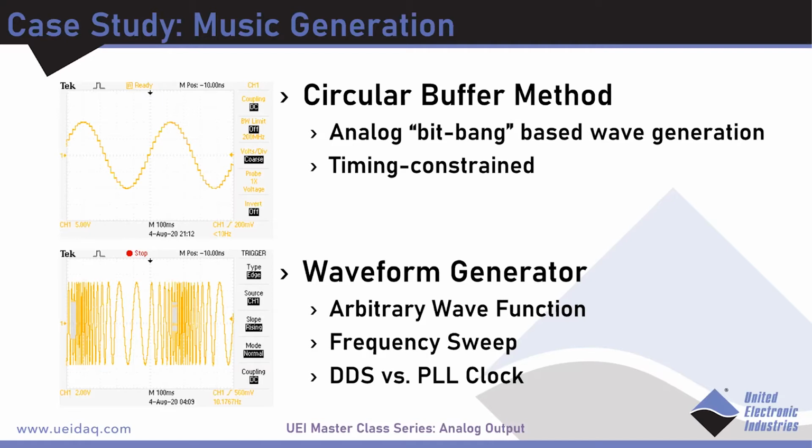So that kind of gets us into the next level of what an analog output can be, and that's a waveform generator. So our AO364 provides a whole lot of advantages and features that might make generating music much easier. The first is the arbitrary wave function generator, the AWFG.